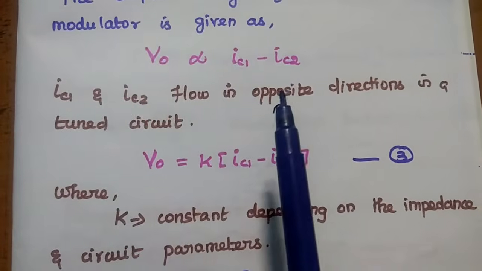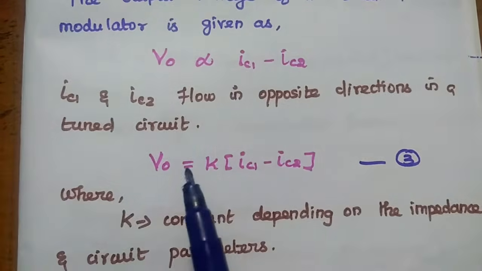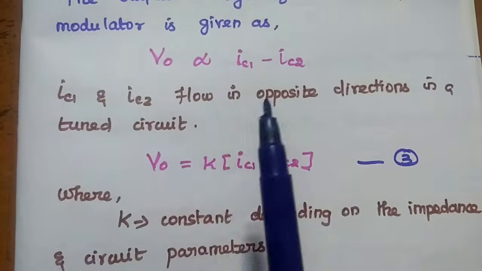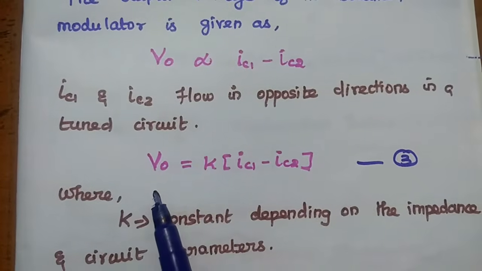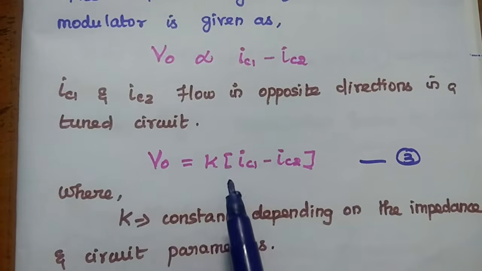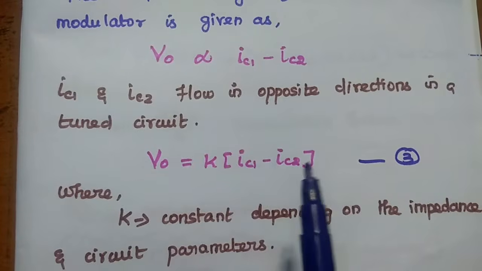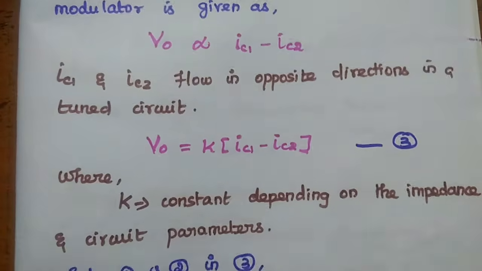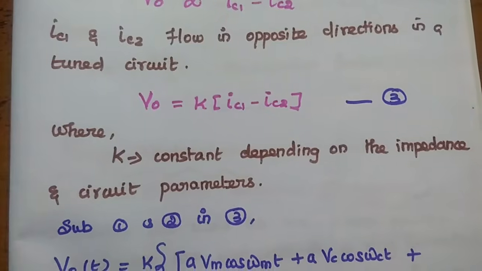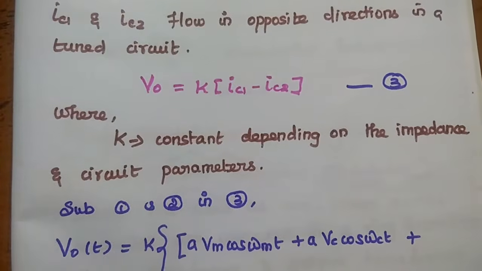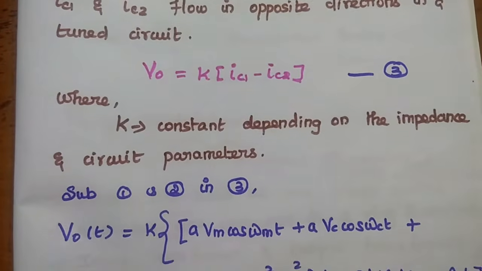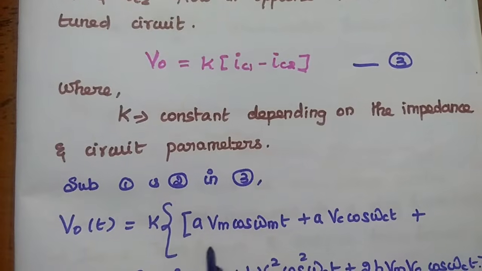So that's why we have to consider the difference between these two. Then we have to equate that equation. Then we can get V0 is equal to K into IC1 minus IC2. Okay. So here K is a constant. It depends on the impedance and circuit parameters of the balanced modulator.